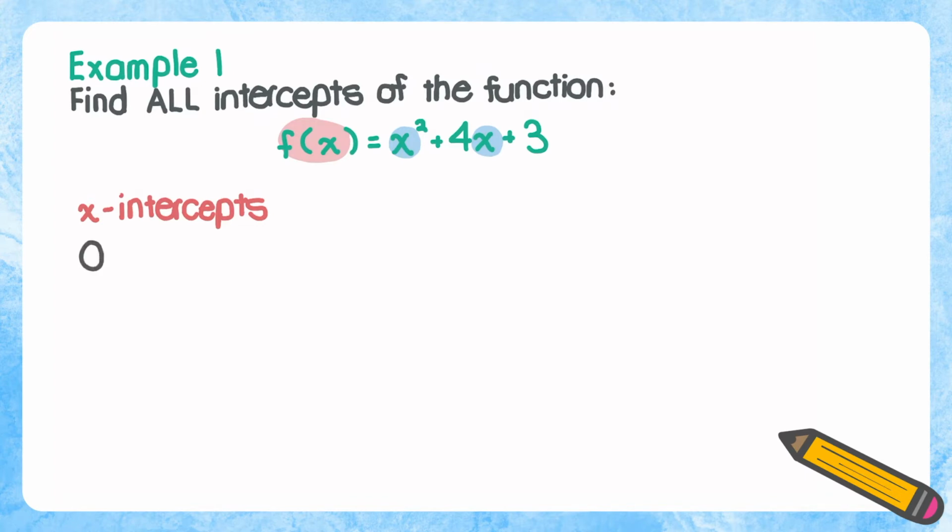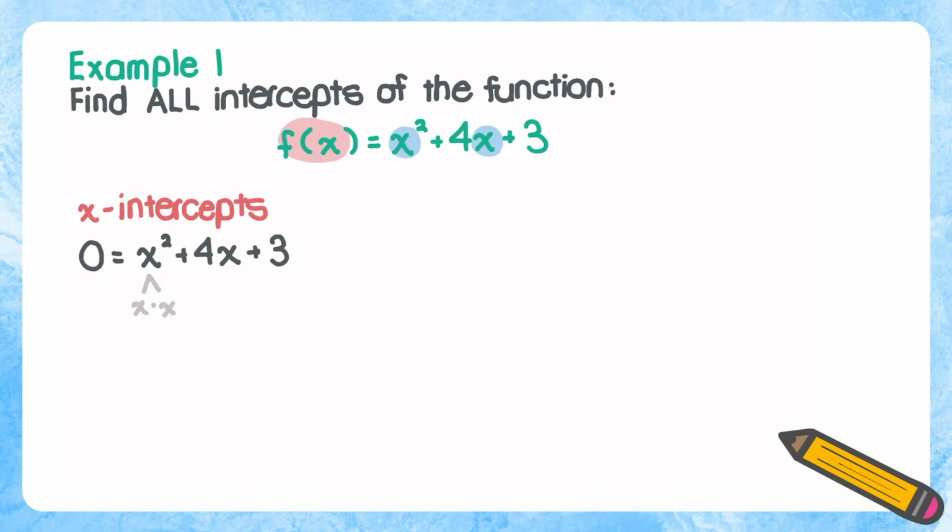We have 0 equals x squared plus 4x plus 3. And how do we solve for x from here? We're going to try to factor by exhaustion. So I'm going to go a little bit quicker here, but if you need a review, we'll give you the link to the past video about factoring.